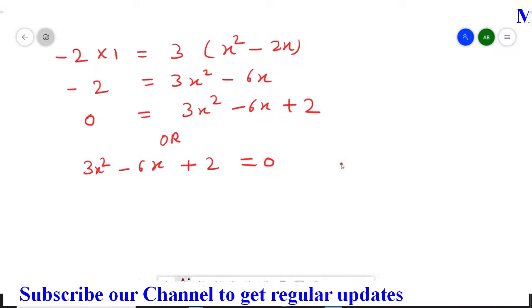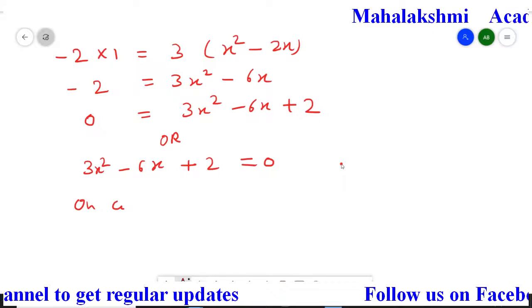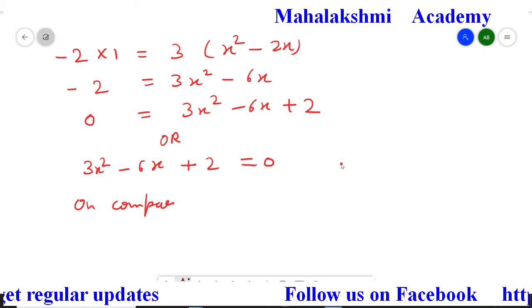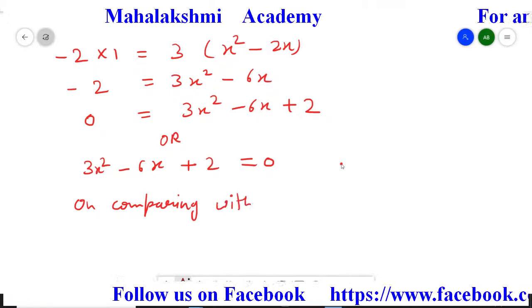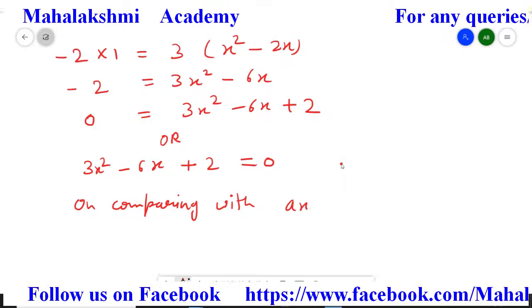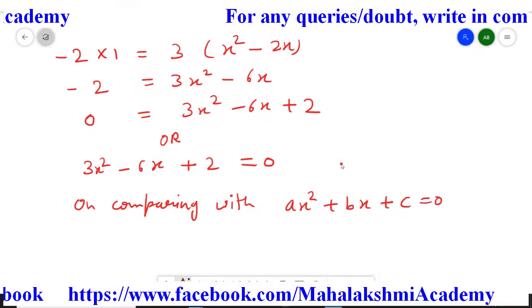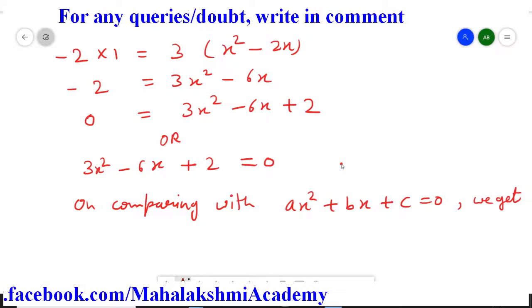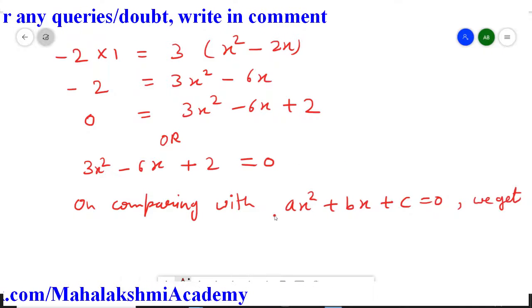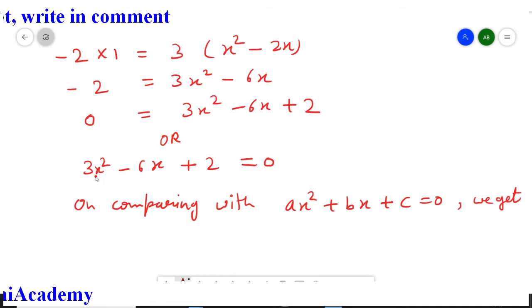Now we are going to compare it with the standard form, ax square plus bx plus c equal to 0. So here the x square coefficient is a, and what is the coefficient of x square here? 3.